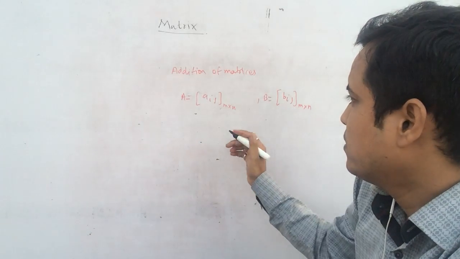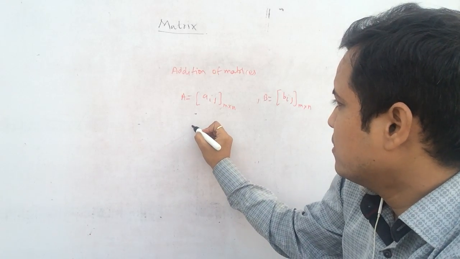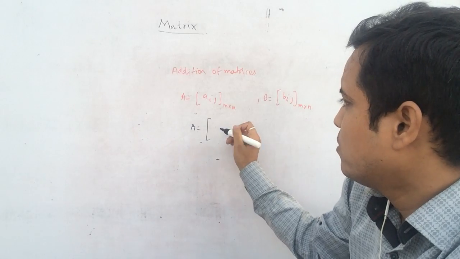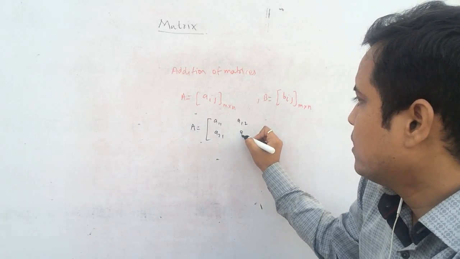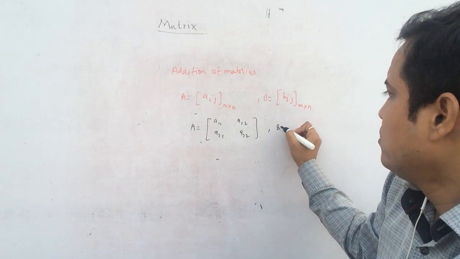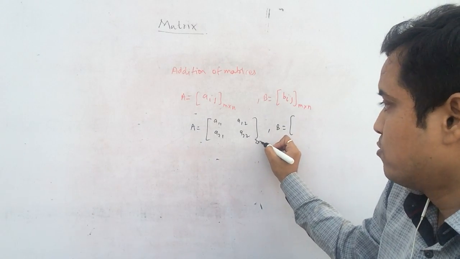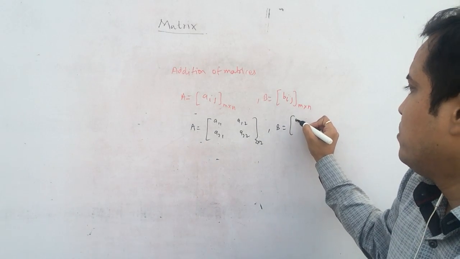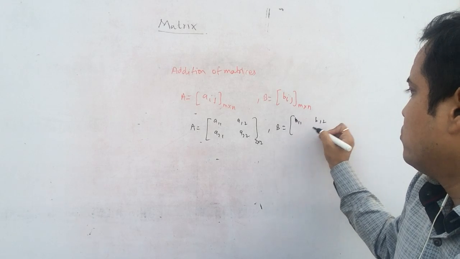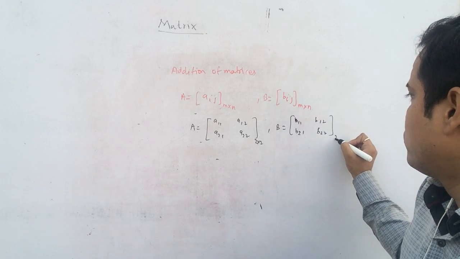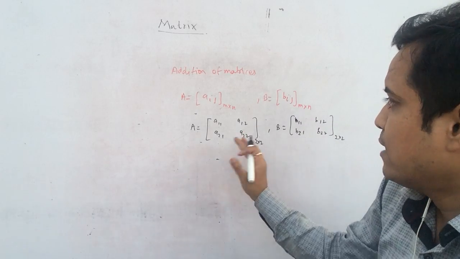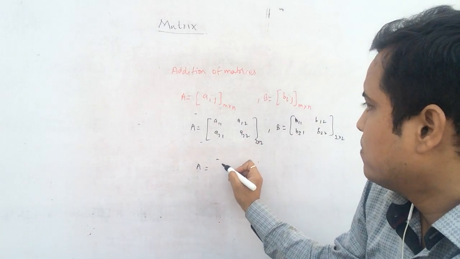For example, A is A11, A12, A21, A22, order 2 cross 2, and B is B11, B12, B21 and B22, order 2 cross 2. If you want to add these, the corresponding elements will be added.